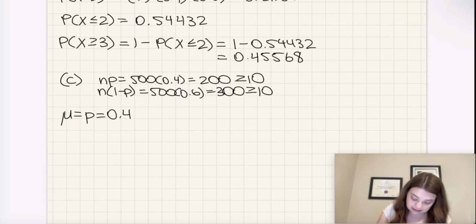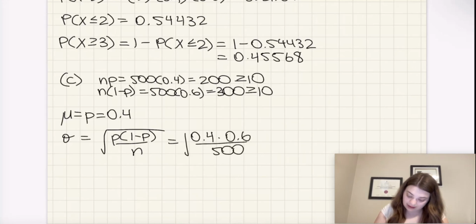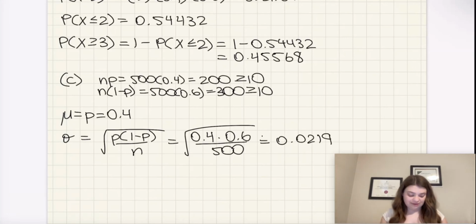Then we need to find the standard deviation, which can be found by taking the square root of p times 1 minus p over n, where p is the probability of one success and n is the sample size. So that is going to be 0.4 times 0.6 over 500, all square rooted, which is approximately 0.0219. So that's our standard deviation there, approximately.